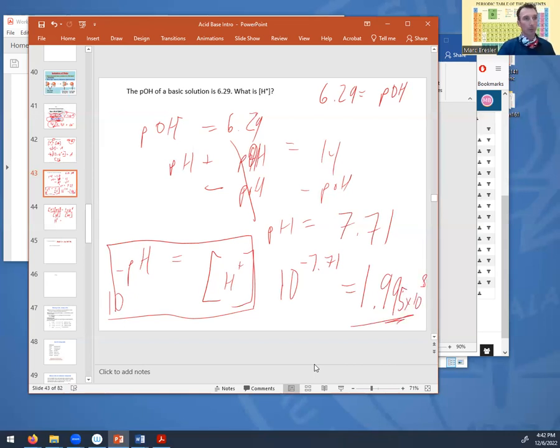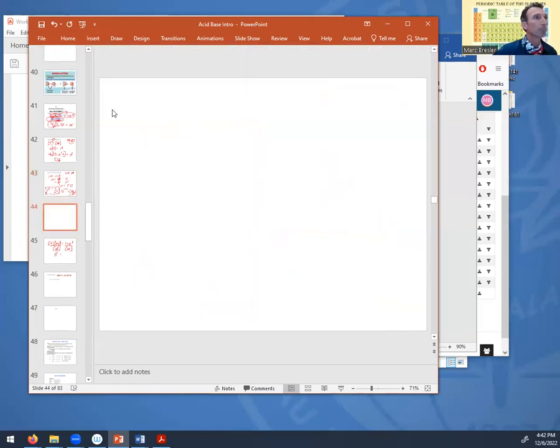And that's why we want to stick with pH, because the H plus and OH concentrations are so tiny. You could also find the OH concentration from here if you wanted to. So H plus times OH minus equals 1 times 10 to the minus 14.